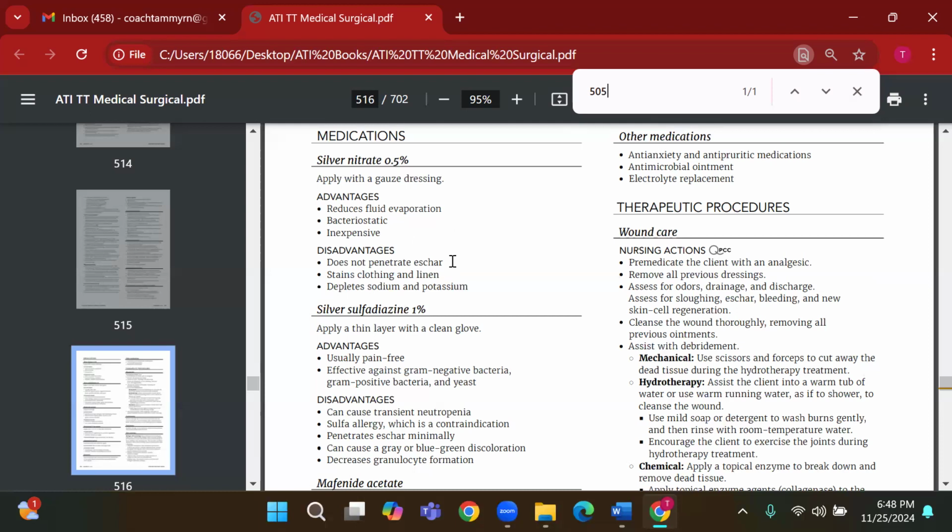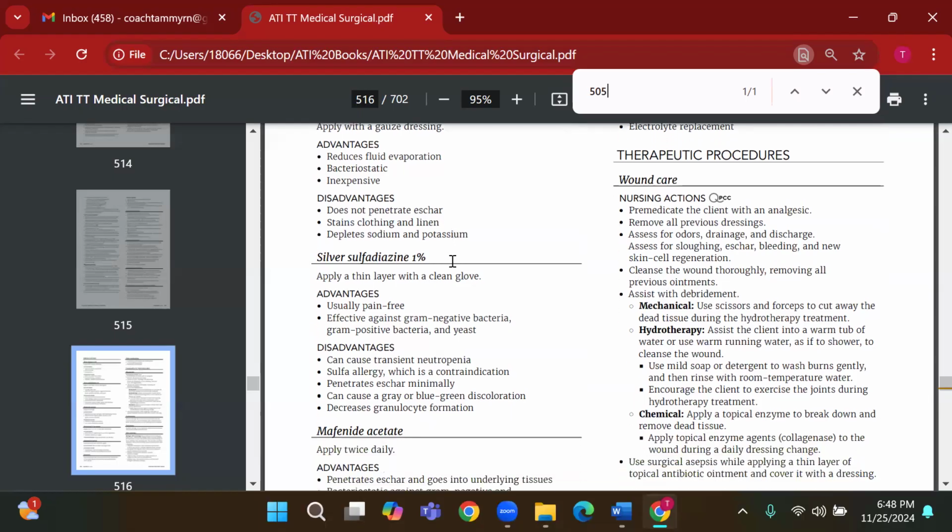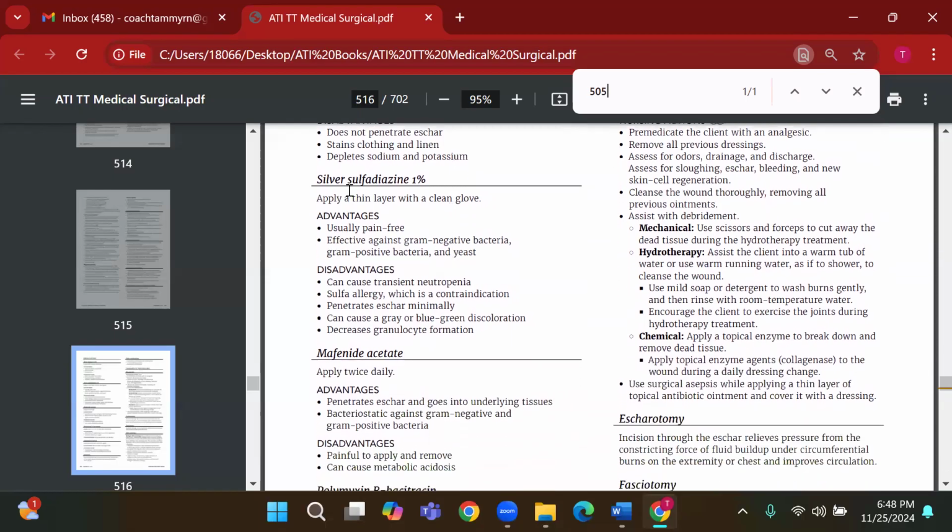It can stain clothes and it can deplete sodium and potassium. I don't think you need to know all that, but I do think you would need to know what medicine you can give a burn patient. Now, if you look at silver sulfasalazine, look at this. We can do a thin layer on the wound, and it says usually pain-free, effective against gram-negative bacteria and gram-positive and yeast.